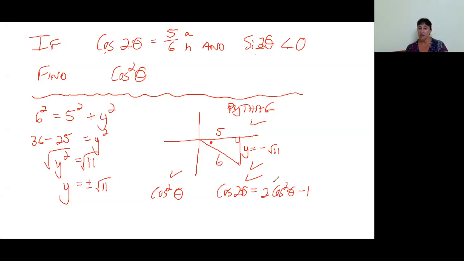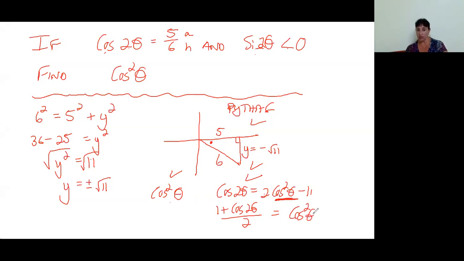I want cos squared, so I must make cos squared the subject. I throw the 1 over, so it's 1 plus cos 2 theta, over 2. That gives me cos squared theta.